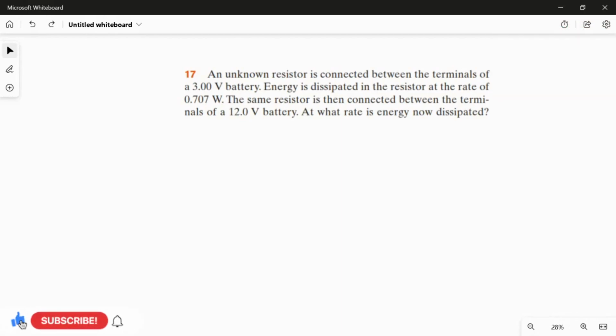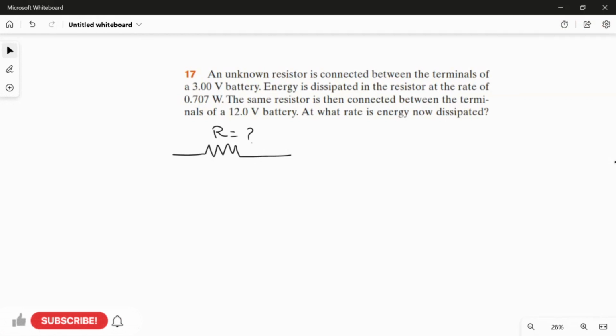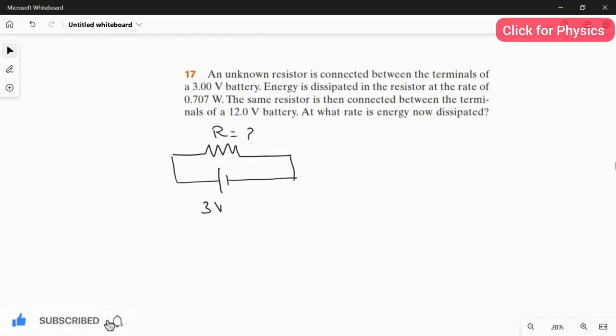First of all, let's bring the figure in front of our eyes. So you have an unknown resistor. I just draw the diagram for this question. First of all, we have the unknown resistor. We don't know the value of this resistor. And this time you connected a 3-volt battery. When you connected a 3-volt battery here, what happened?